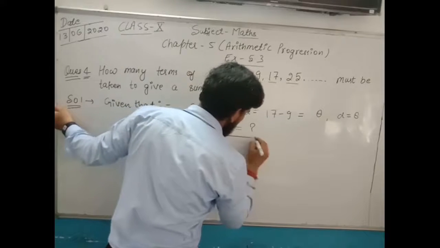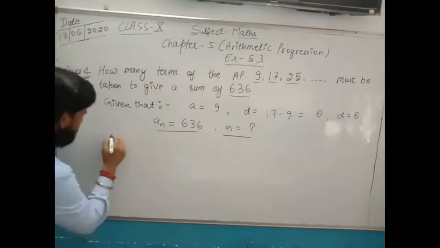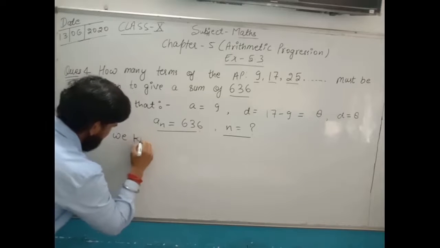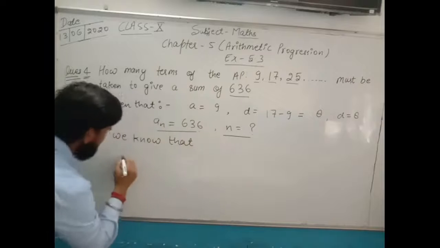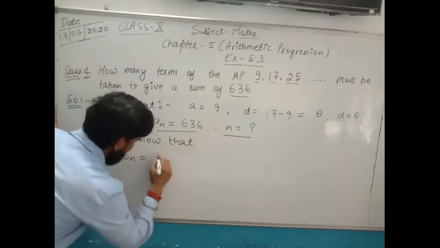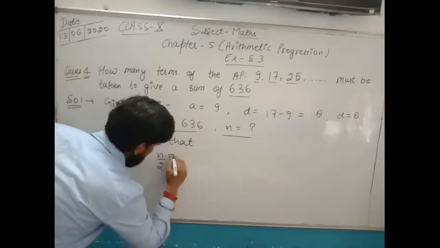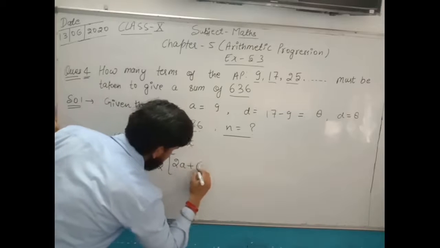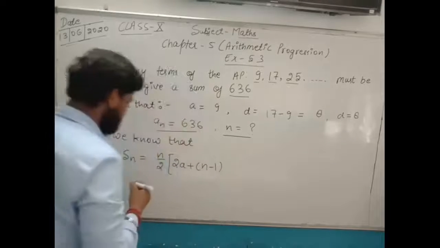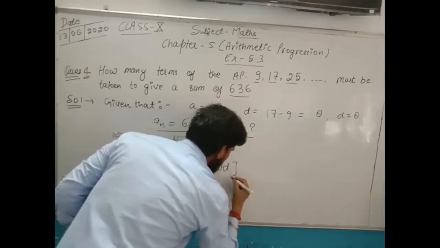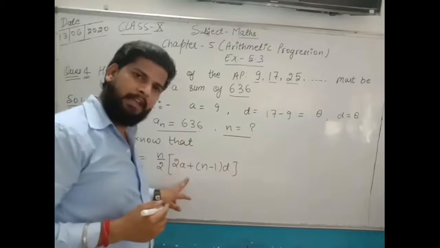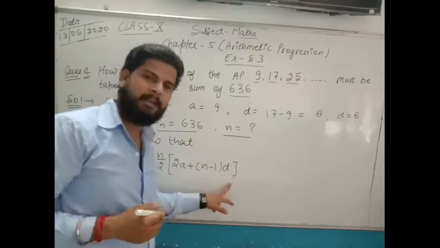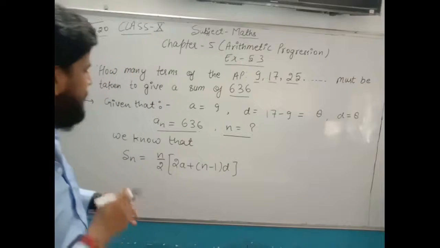So we know that Sn is equal to n upon 2 times (2a plus (n minus 1) multiply by d). We know the formula for Sn: n upon 2, 2a plus n minus 1 multiply by d.